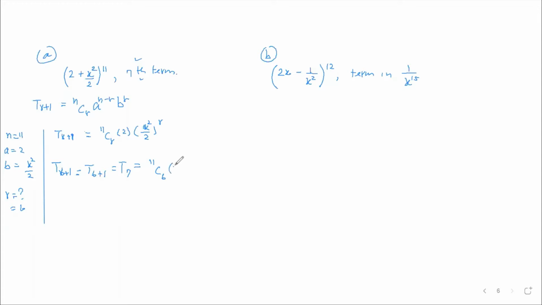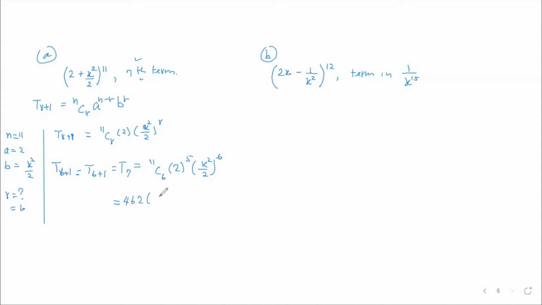And then a is 2, so 11 minus 6 becomes 5, and b is x over 2, the whole thing power r, which is power 6. So then we simplify. Using calculator, 11C6 equal to 462.